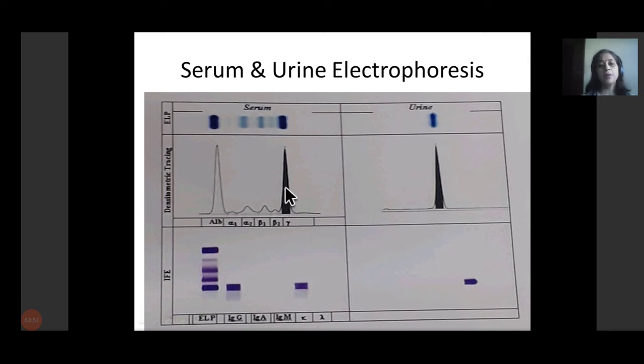The farthest is the globulin, which is the lighter one, so it goes farther off, and this is the last one to come. We can see a sharp peak which is almost equal to the albumin peak. That means the ratio of albumin to globulin has altered. Otherwise, in a normal individual, albumin is more than the globulins.